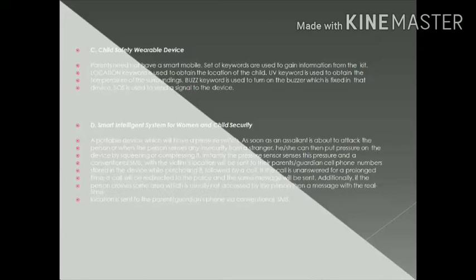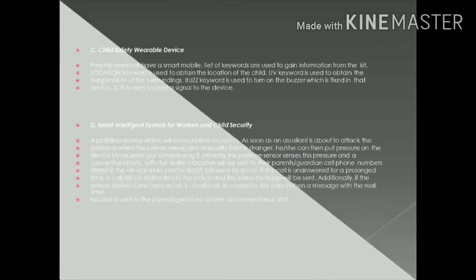Instantly, the pressure sensor senses the pressure and a conventional SMS with the victim's location will be sent to the parents' or guardian's cell phone number, which is stored in the device at purchase, followed by a call. If the call is unanswered for a prolonged time, the call will be redirected to the police and the same message will be sent.